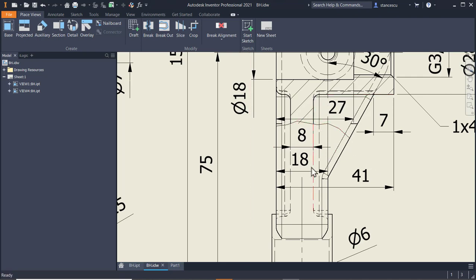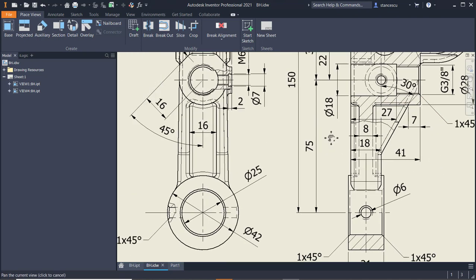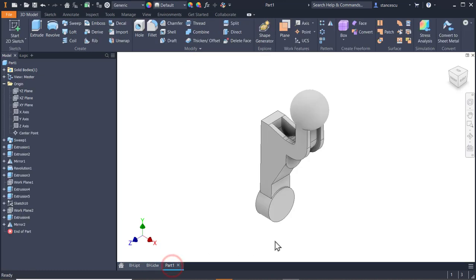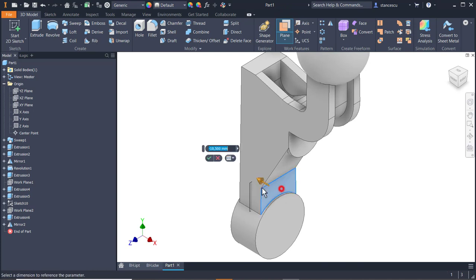We create a plane to extrude this 16 pocket between the two cylinders. Okay, plane to the left, which means minus 18 minus 8 divided by 2.